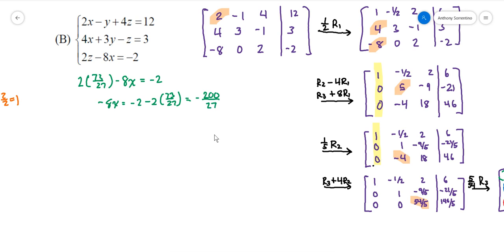And then dividing both sides by negative 8, I get 25 over 27. And so my solution is 25 over 27, 2/3, 73 over 27.